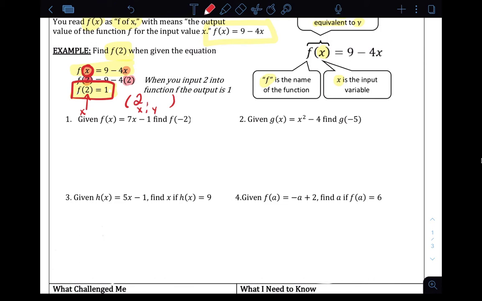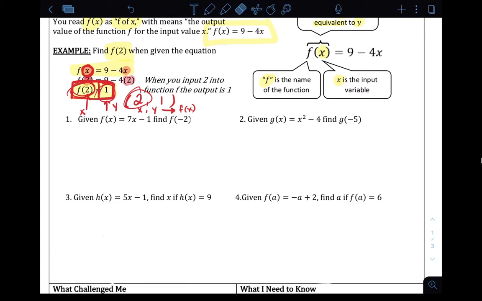Now your y value would be your output. My output in this case is going to be a 1. Again, don't forget that y and f of x are exactly the same thing. So when I see f of 2, or whenever I put 2 into the function, a 1 is left over. That 1 would be my y, or my output.